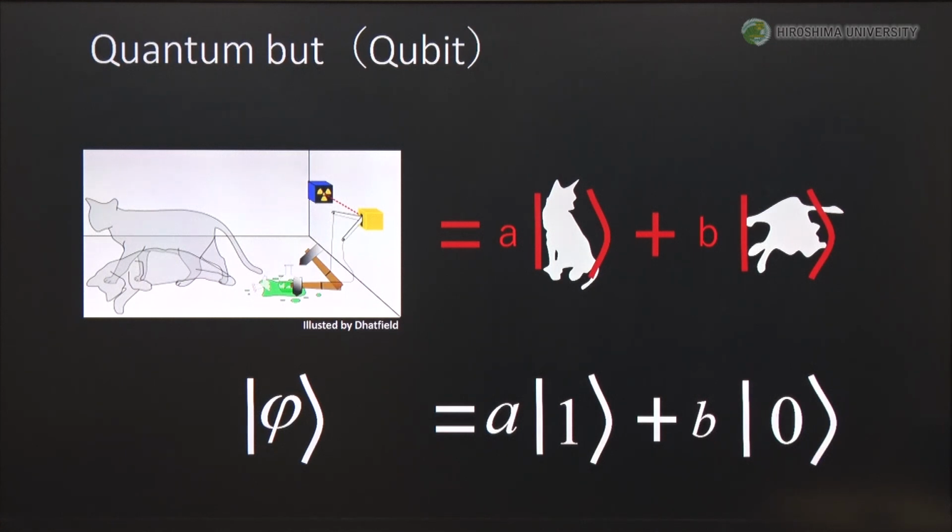Only after the observation can we realize that the cat is dead or alive. So we call this a quantum state. We can define the quantum state of 1 and 0, making this phi state. Then after the observation, we can get 1 or 0 with some probabilities.